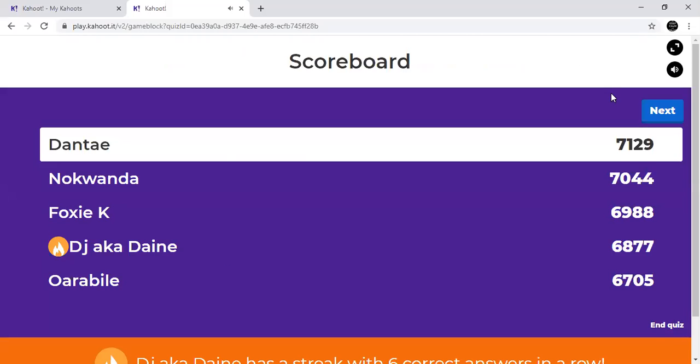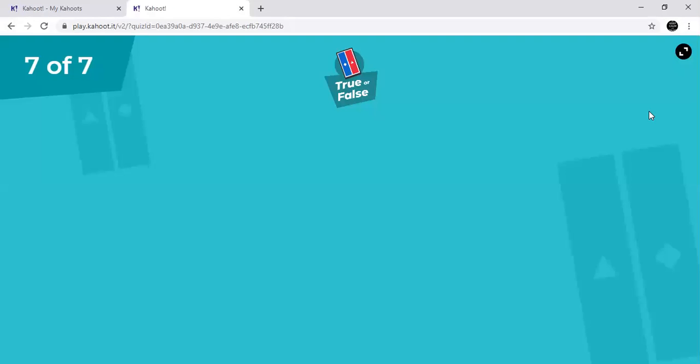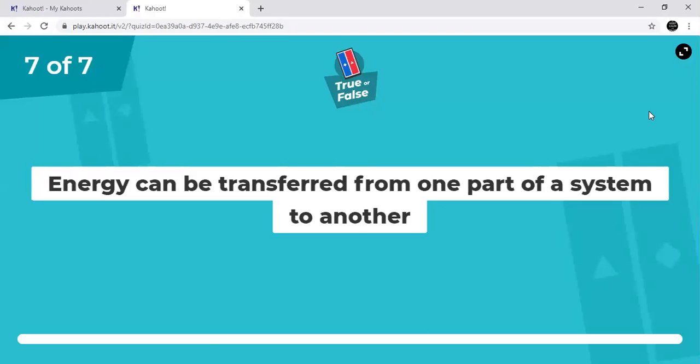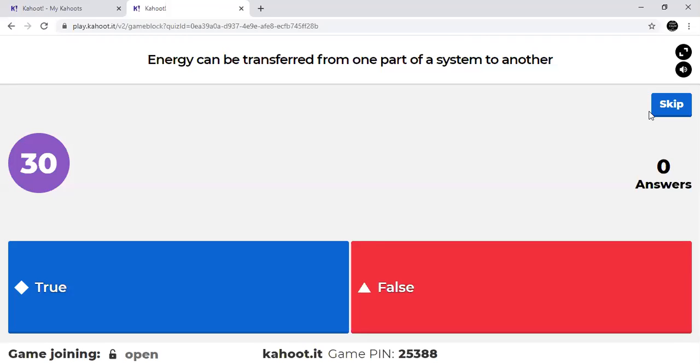Okay, Dante, Nokwanda, Foxy, Diane, as well as Warabile. Okay, I see y'all. Energy can be transferred from one part of a system to another. You guys need to get this.